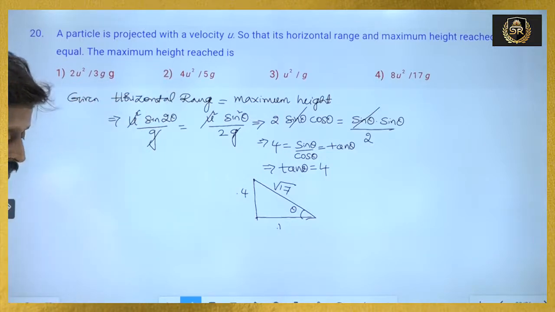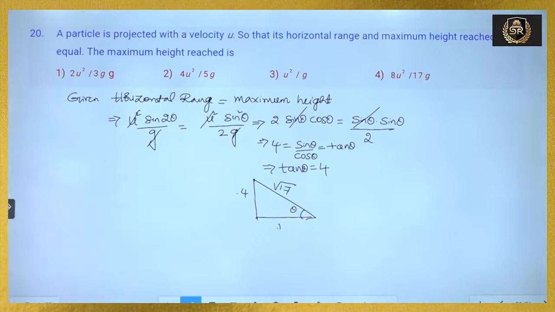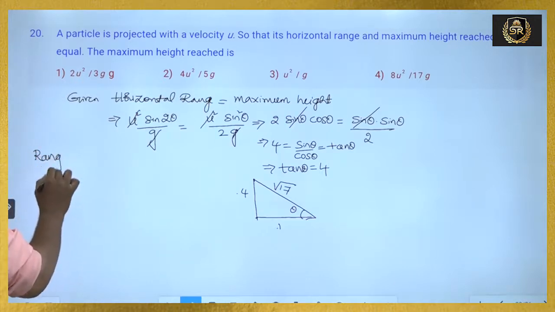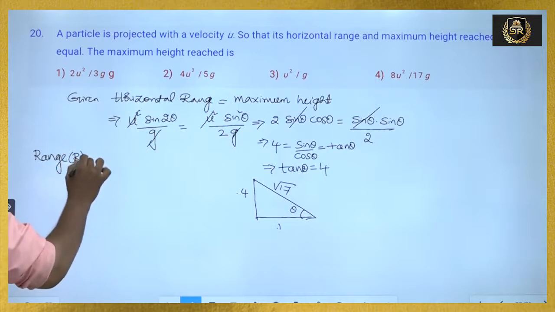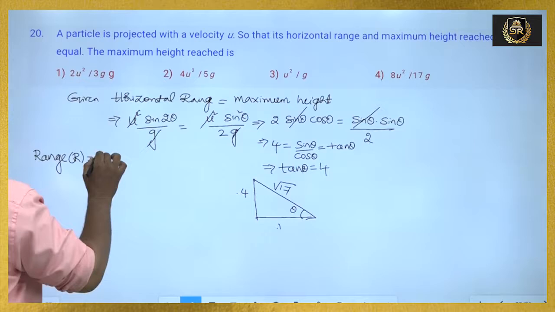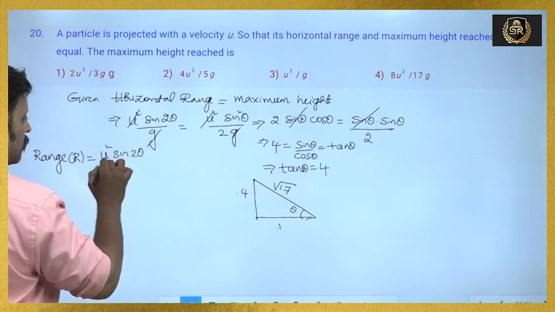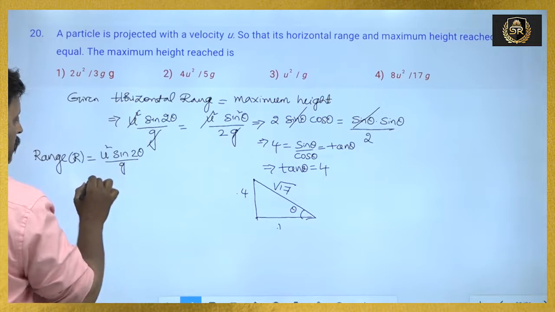Horizontal range, no? Therefore, range R. The formula for range is u square sin 2 theta by g.